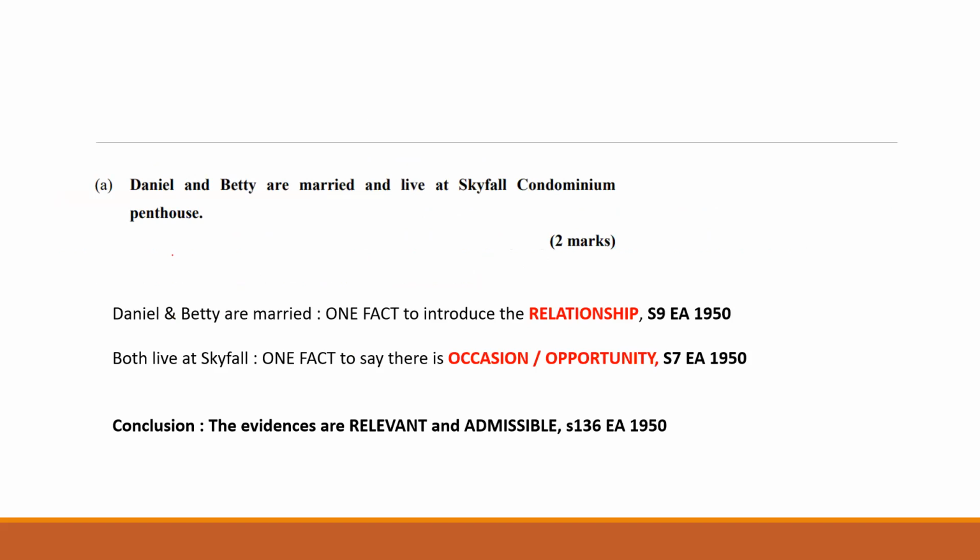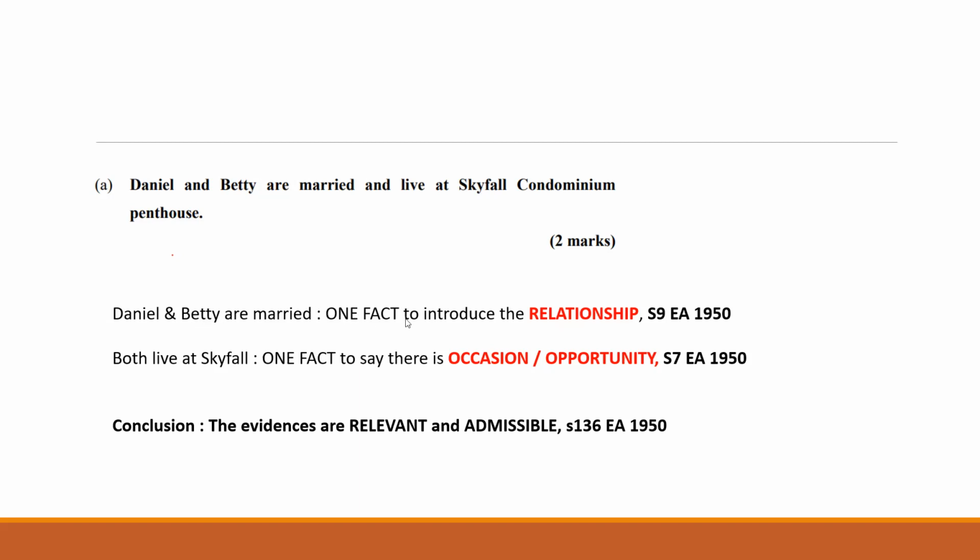Daniel and Betty are married and live at Sky 4 condominium penthouse. Whenever you see the word and, then, so, or etc., my grammar also very poor, this is a compound question. It means actually one question, there are two facts. First fact, Daniel and Betty are married.